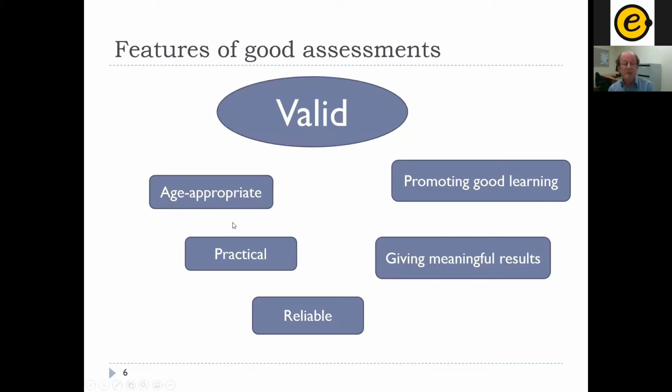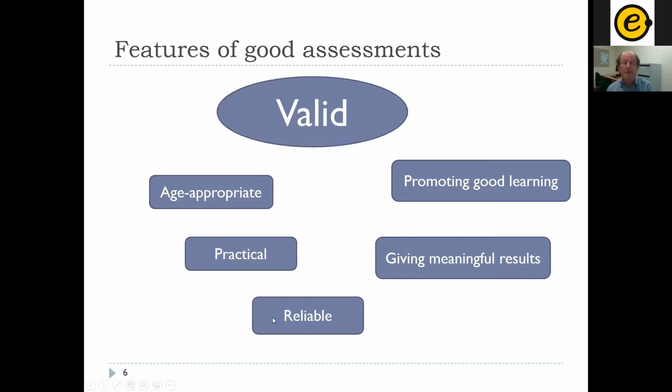I spent some time talking about each of these features in the last talk. I won't do that again because if you're interested, you can go back to my previous webinar on YouTube. But basically, particularly for younger learners, we need to make sure our assessments are appropriate for their age level. Obviously, practicality is important.